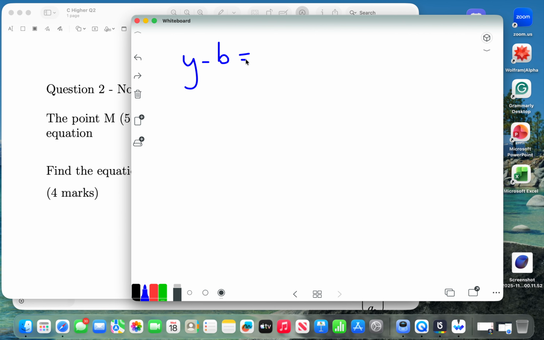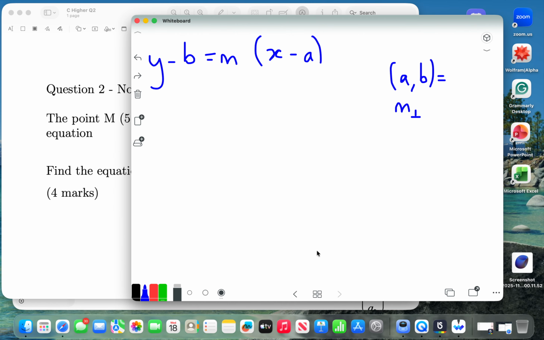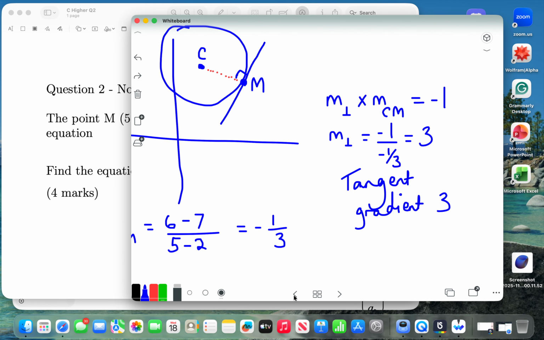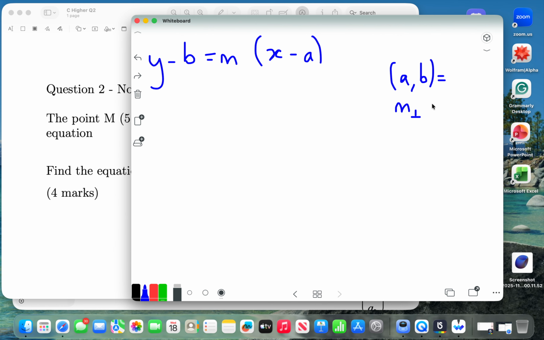And the last thing we have to do is substitute the information into the equation of the straight line. We have a point on the line given as (a, b), and we have the tangent gradient. Now the point you use is not the centre of the circle, it's the point which lies on the tangent, which is the point M. Having a sketch of the situation totally helps, and I recommend you do one in the exam.